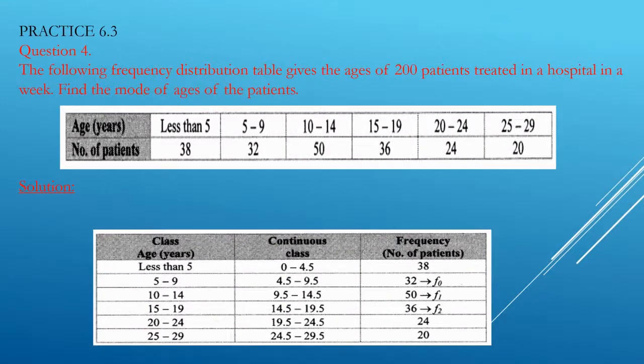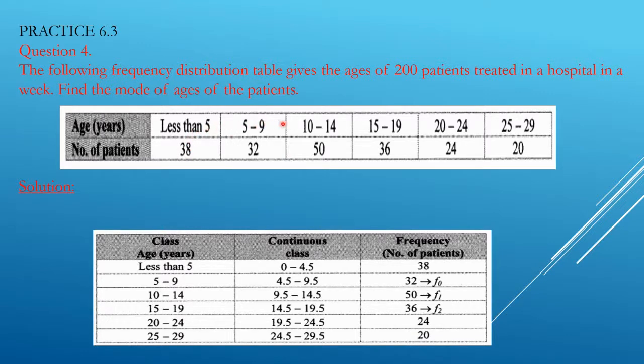Question 4. The following frequency distribution table gives the age of 200 patients treated in a hospital in a week. Find the mode of the age of the patients. In this question also, the class and frequency are given, but the classes are non-continuous classes.